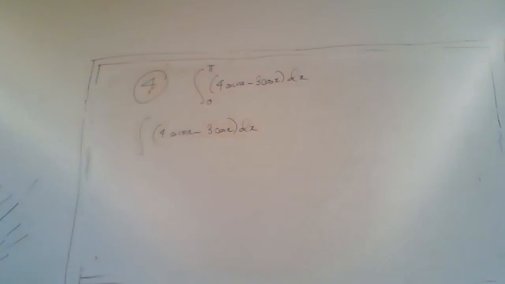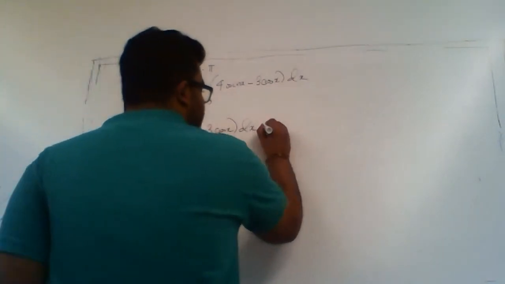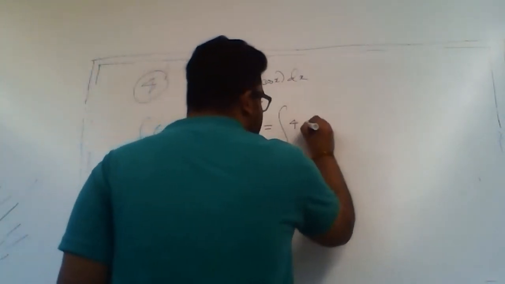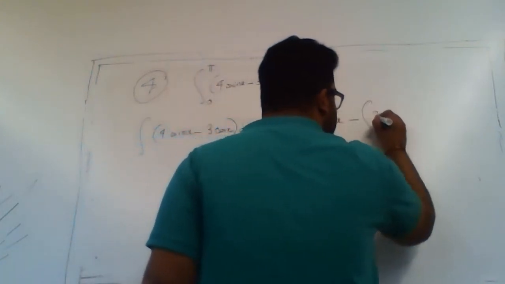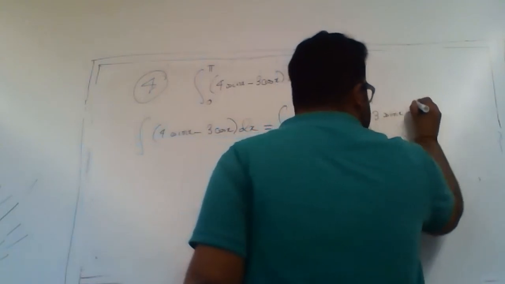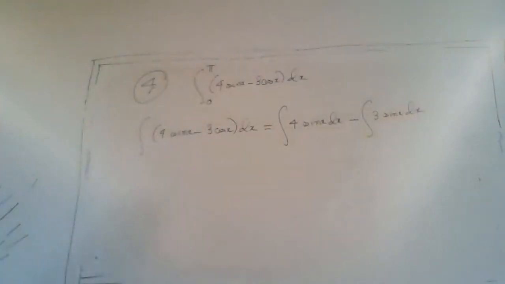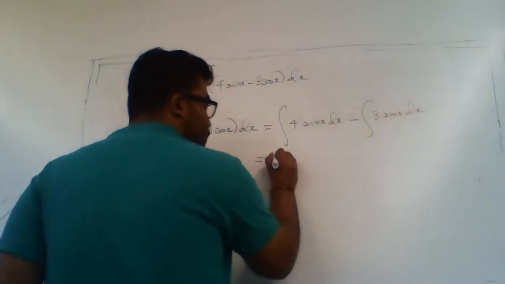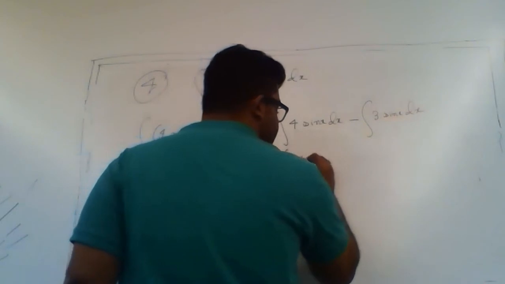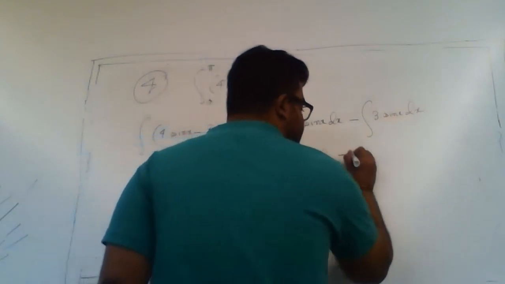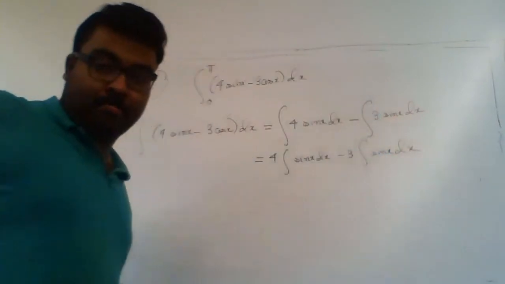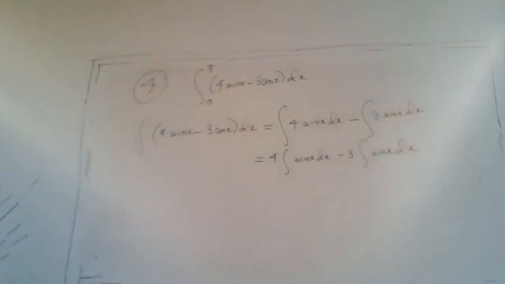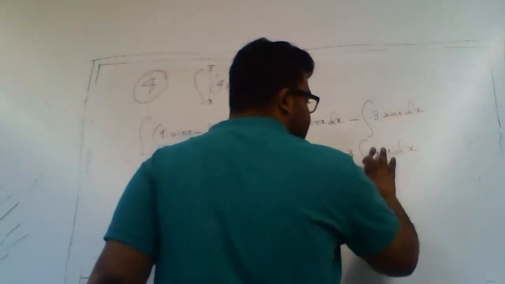You can break it as integral 4 sin x dx minus integral 3 cosine x dx. So 4 can be taken out, 4 integral sin x dx minus 3 integral cosine x dx.